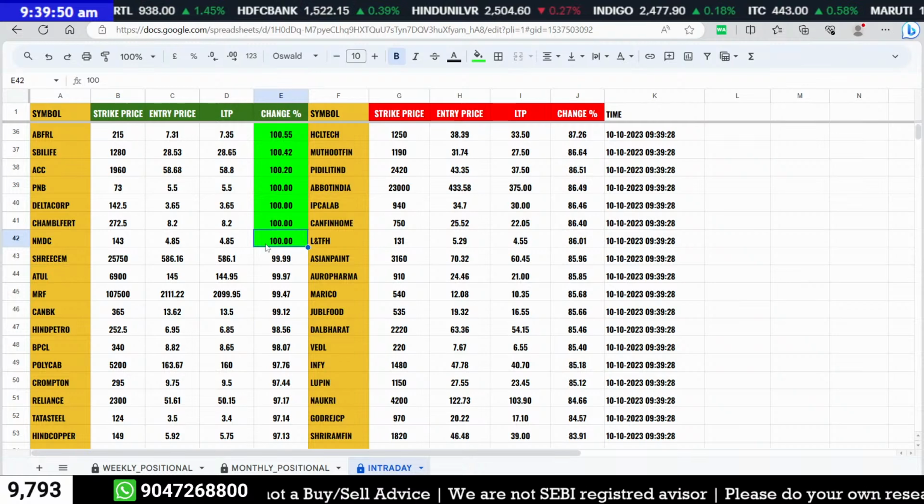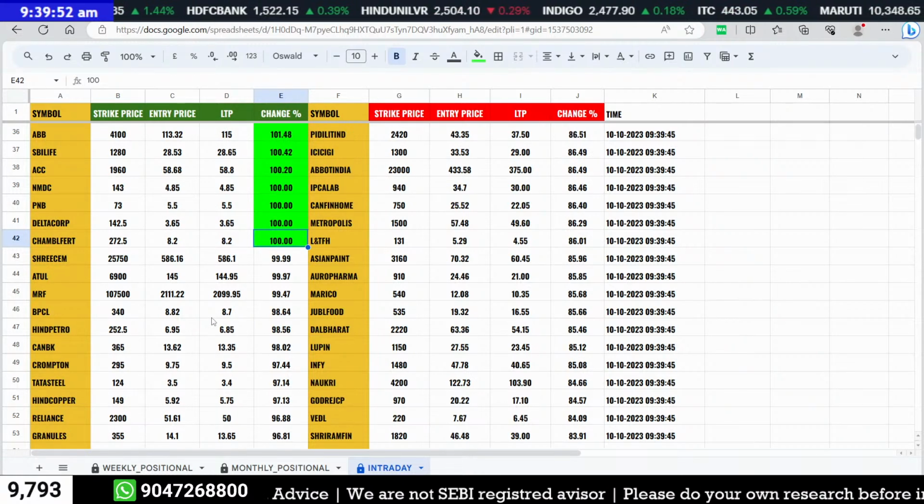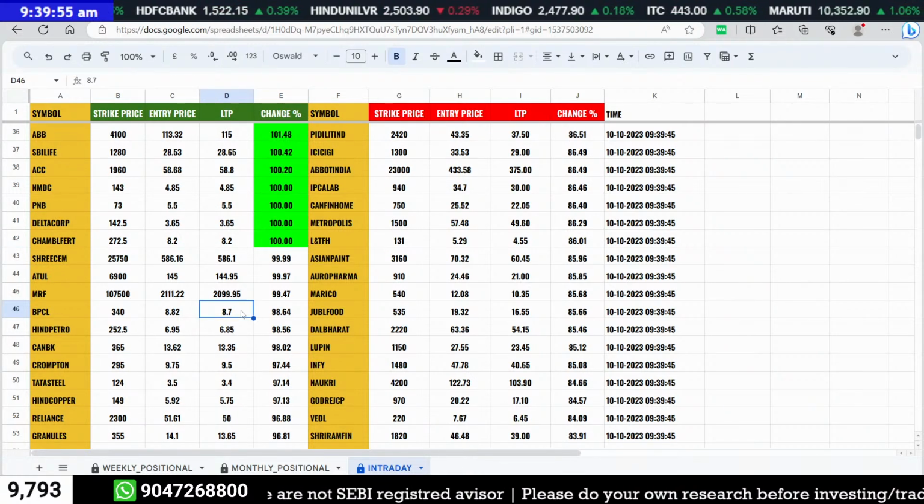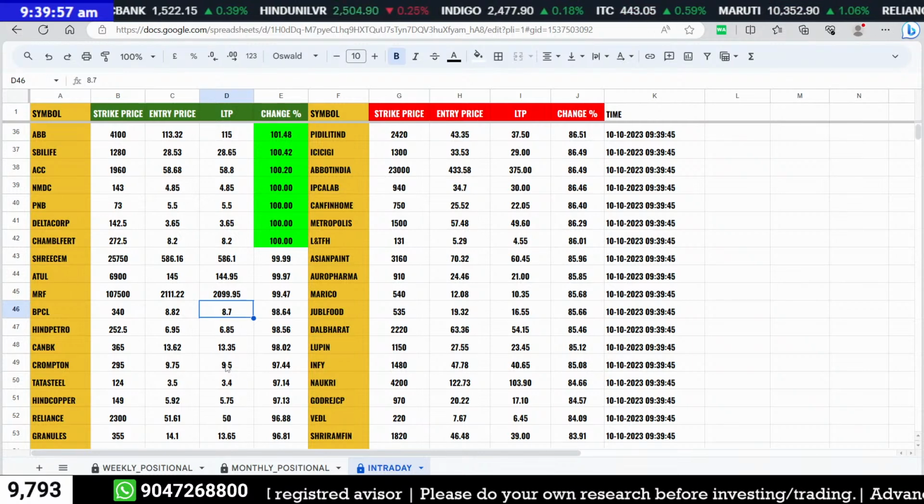MCX is not liquid. Canara Bank not triggered. BPCL 8.7, 8.8. Can Bank not triggered.